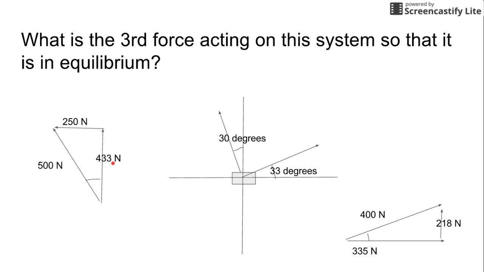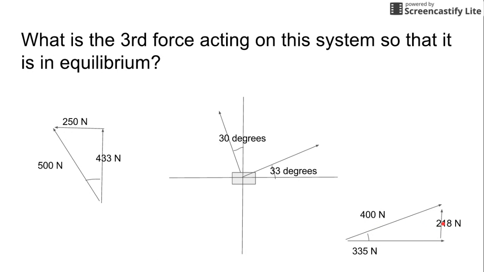Cosine of 30 times 500 is 433 newtons, up and down. For this triangle, cosine of 33 times 400 ends up being this side, which is 335 newtons, and the sine of 33 times 400 is 218, which ends up being this side.